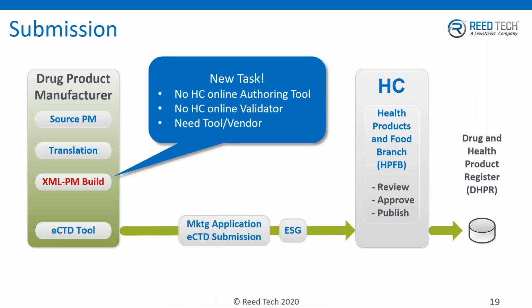And I can't emphasize enough this new XML build task. This is a brand new task. It has a lot of requirements surrounding it. For those that were working in the FDA space, there was an online authoring tool available. Health Canada has elected not to provide an online authoring tool. And again, FDA has a validator tool available online, but Health Canada is not generating that.